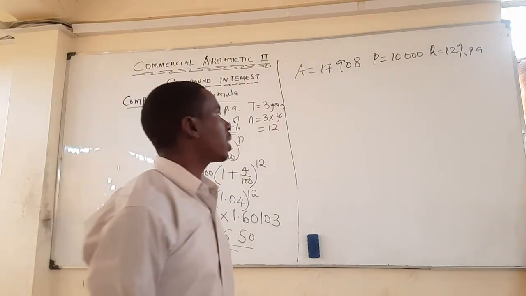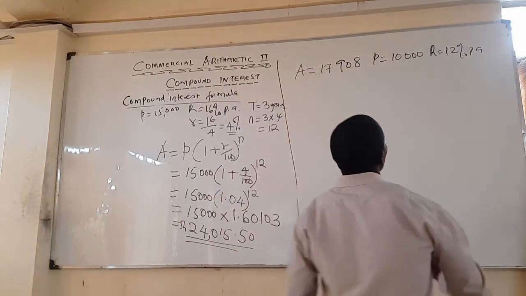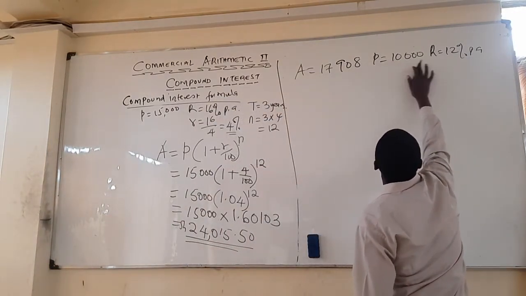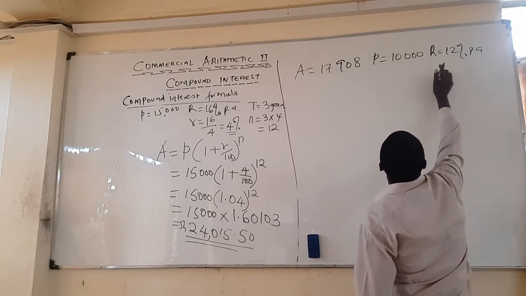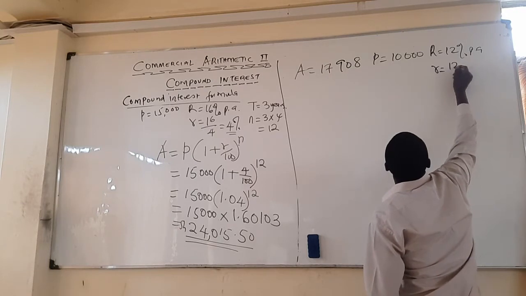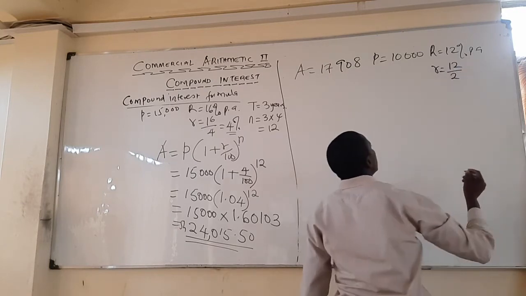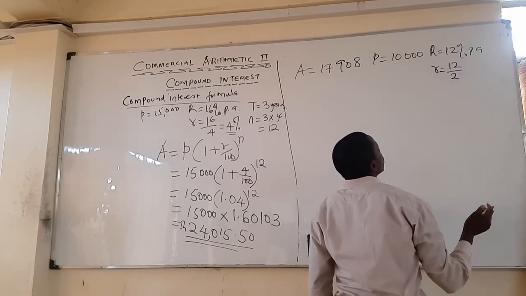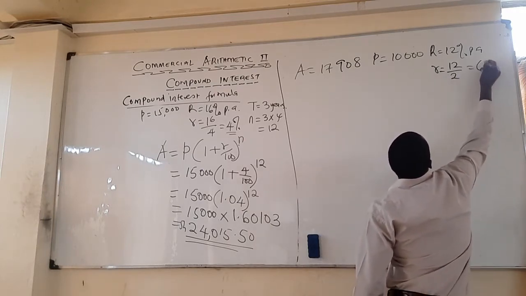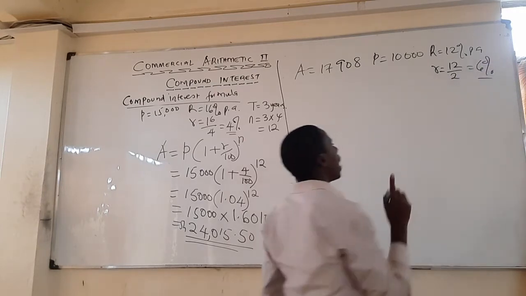Now the first thing here is to know that our rate is per annum, and we compound the principal semi-annually. Meaning now, the rate that you're going to use is 12 divided by 2, since in 1 year you have 2, and this is going to be 6% per period.